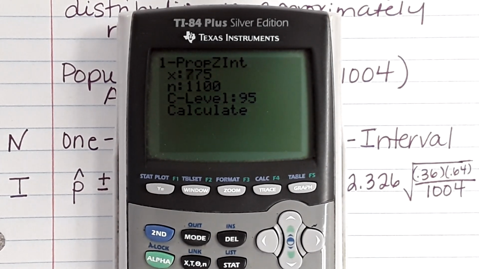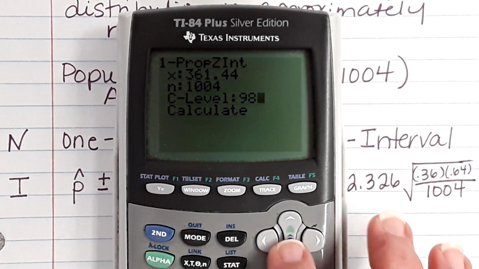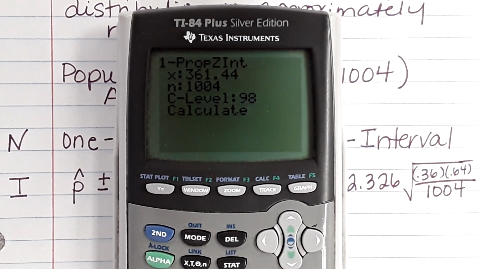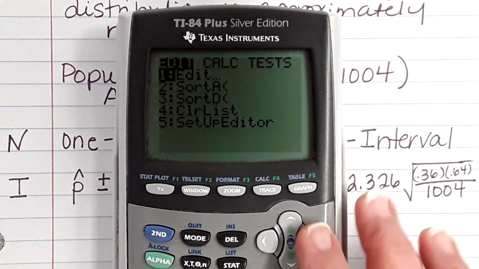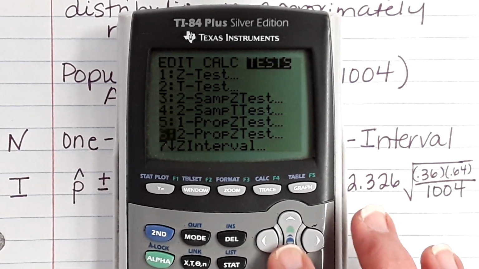So how many people said yes? 361.44. How many people were in our sample? 1,004. And we want to be how confident? And we want to calculate it. The reason we can't have that number is because it's people.